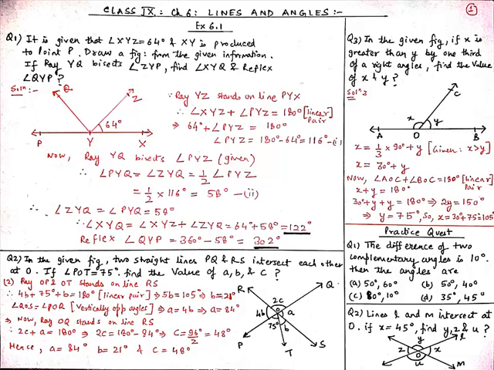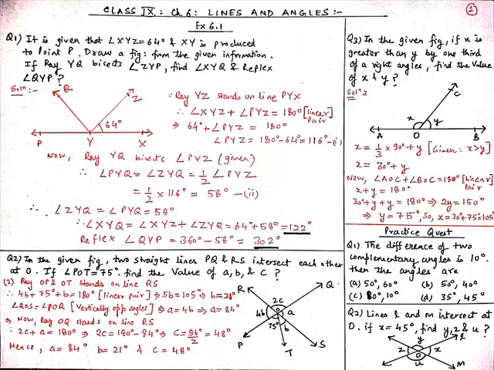And now from our figure ray YQ bisects angle PYZ. So if ray YQ bisects angle PYZ, then we can say that angle PYQ is equal to angle QYZ. Both are equal. So from here we can say that angle PYQ equals angle ZYQ, which is equal to half of angle PYZ. And we know that angle PYZ is equal to 116 degrees.